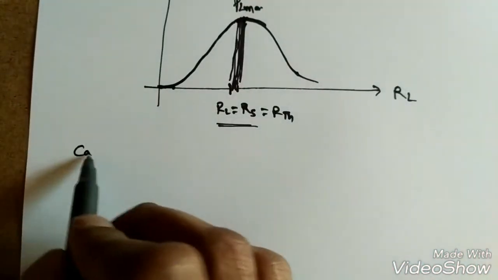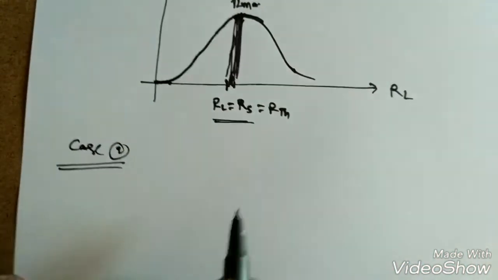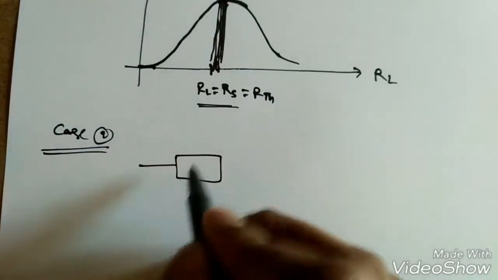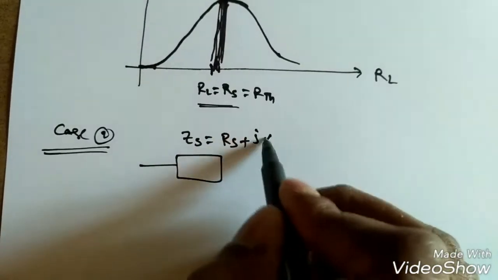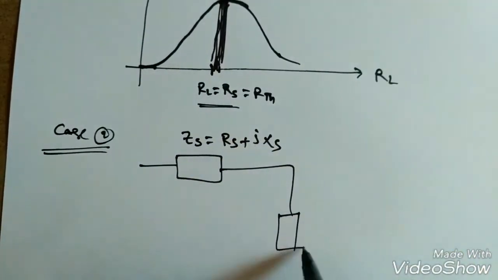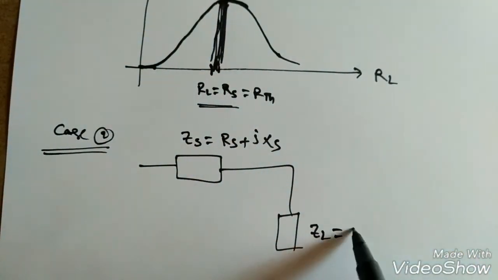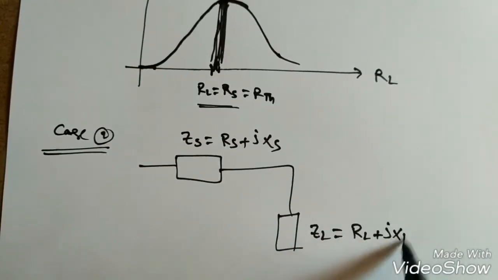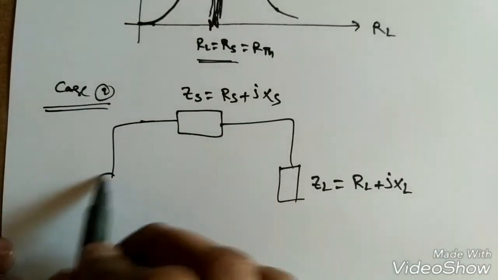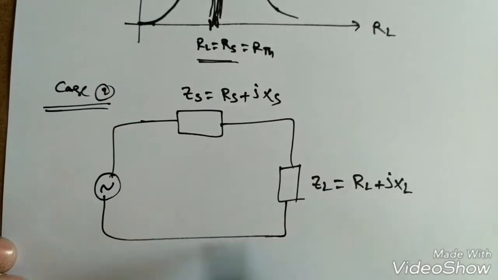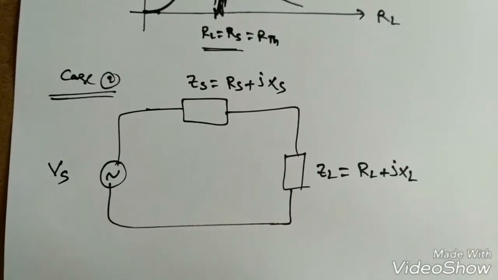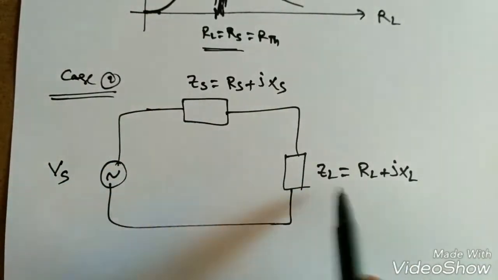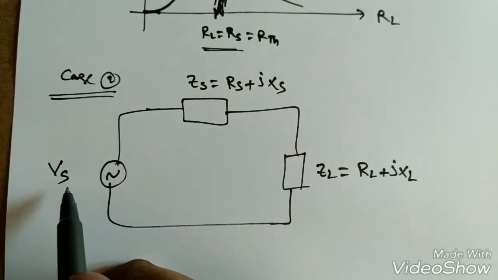Now case 2, the complex case, that is Zs is equal to Rs plus j into Xs, and here also ZL is equal to RL plus j into XL, and here we'll have an AC source, that is Vs, which is an AC source. Whenever there are complex impedances, we'll always have AC sources.